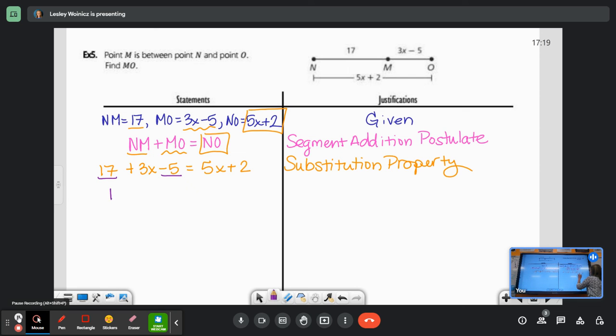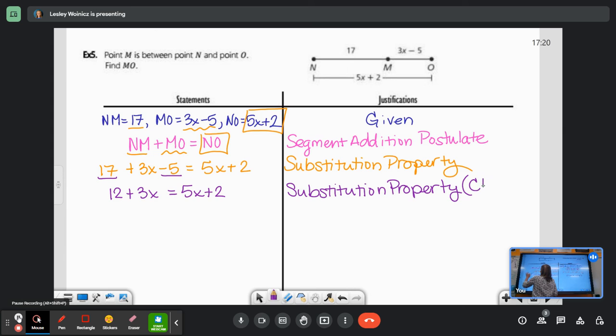So 12 plus 3x equals 5x plus 2. That is the substitution property again. And here we combined like terms, so you can put CLT in parentheses.